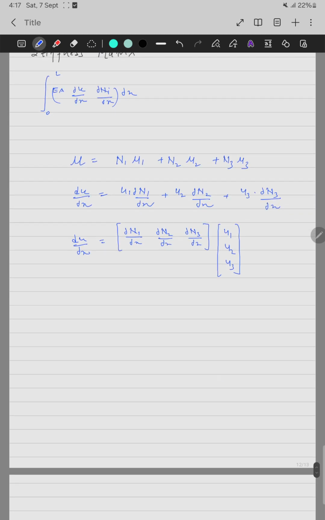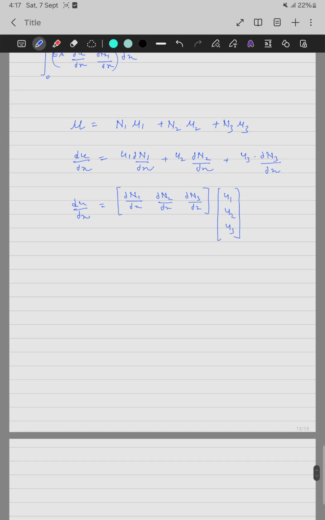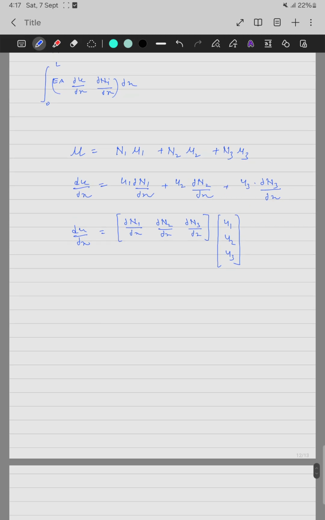Now we have Ni. How can we write our Ni? Ni can be written as, once we take 1, then again it will be 2, again it will be 3. So in the same way we will have 3 equations. How many equations will we have? 3 equations. So first we will write that stiffness matrix as integration from 0 to L of EA.